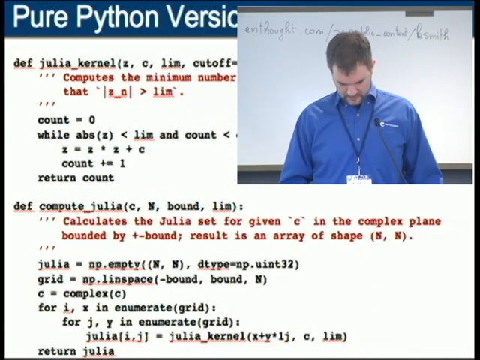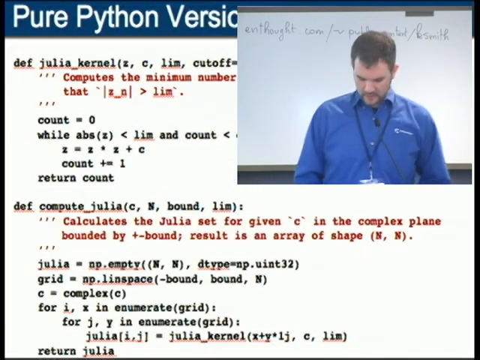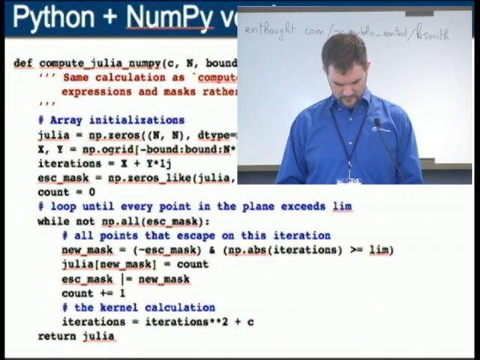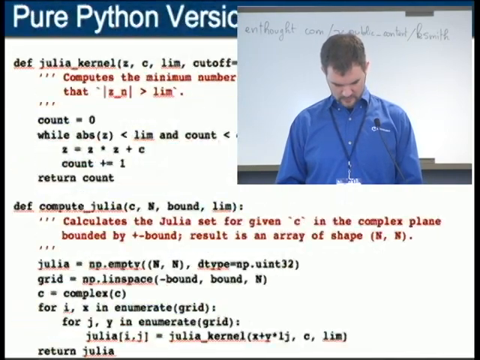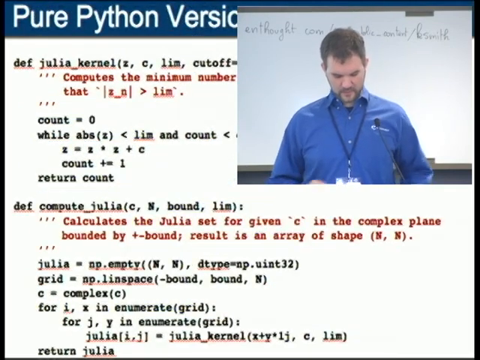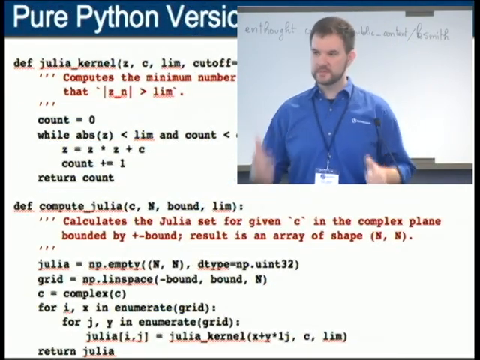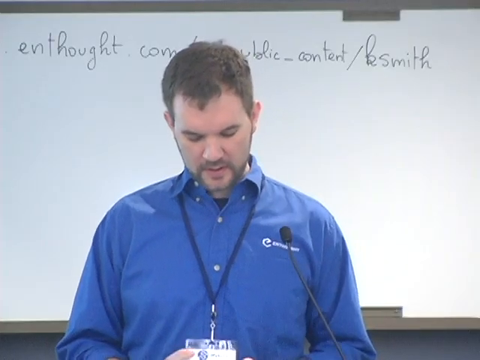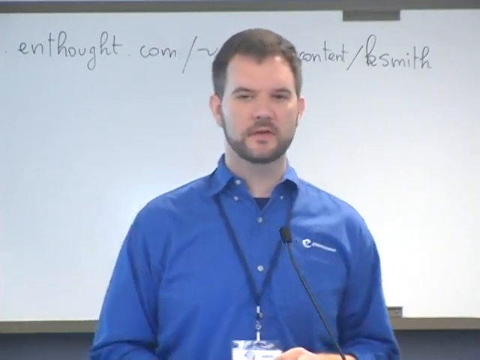Okay, so in terms of the exercises that we're working on now, if you open up the Julia shootout thing that you downloaded, you should have been able to unzip it.